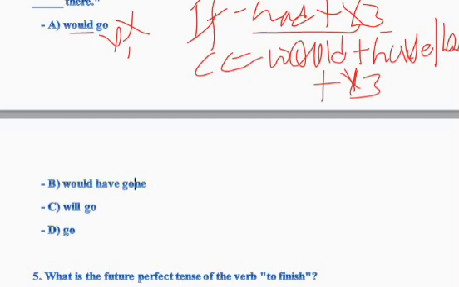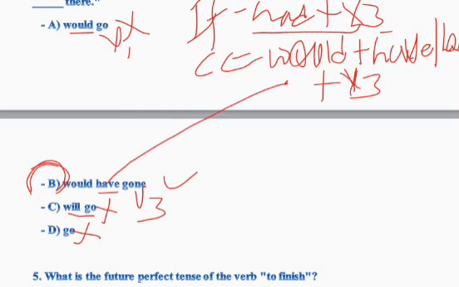So this is right, and this one, "will go," doesn't fulfill the criteria and cannot be the answer. The answer is B. This is the formula.